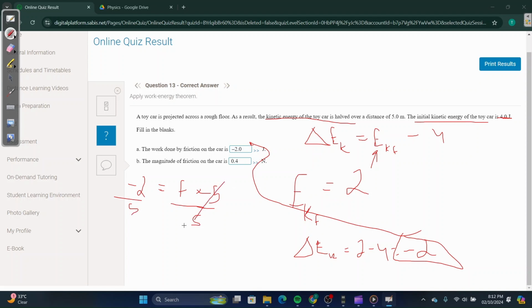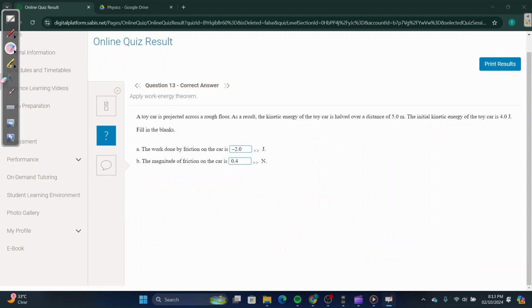F equals negative 2 over 5, which equals negative 0.4. But they want the magnitude, and remember the magnitude means they only want the scalar quantity, so the answer is positive. If they just said what is the force done by the friction, write negative 0.4, because then they're indicating it's the vector, not the scalar.